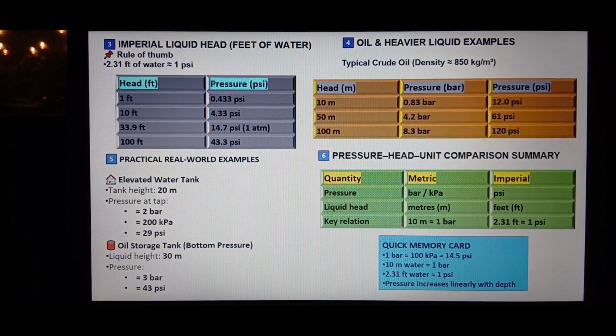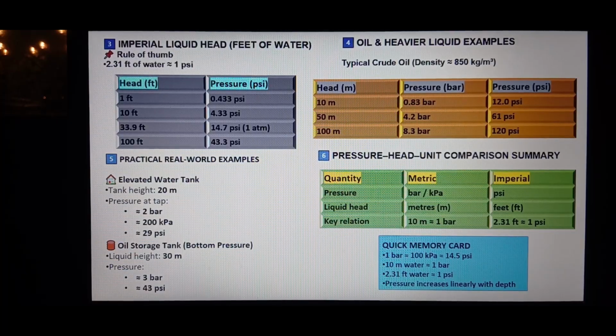So 10 meters of crude oil would be 0.83 bar, which is 12 psi, and 50 meters would equal 4.2 bar, or 61 psi, and 100 meters would be equal to 8.3 bar, which is 120 psi.